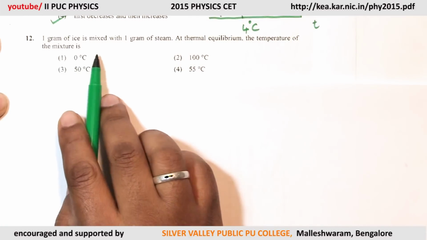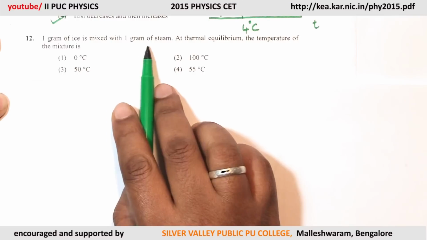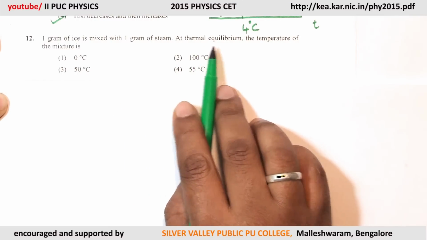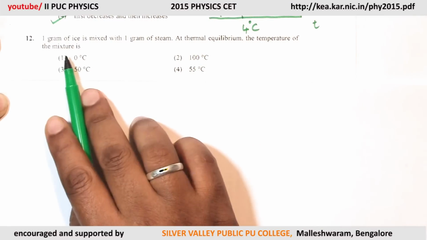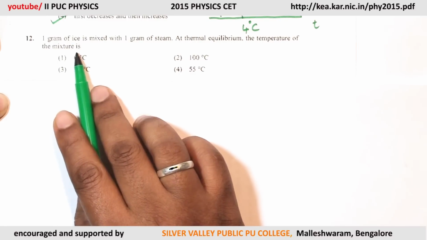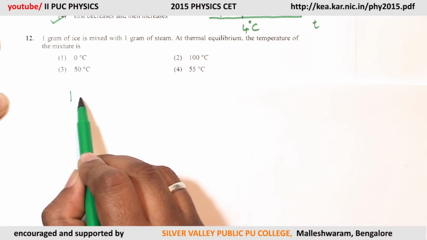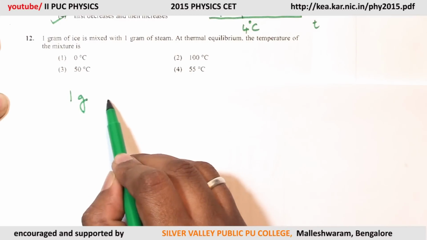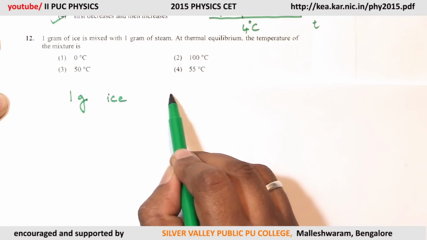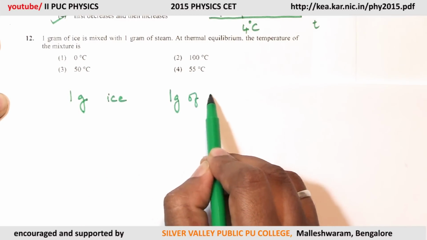1 gram of ice is mixed with 1 gram of steam. The thermal equilibrium temperature of the mixture is? It's a standard result.